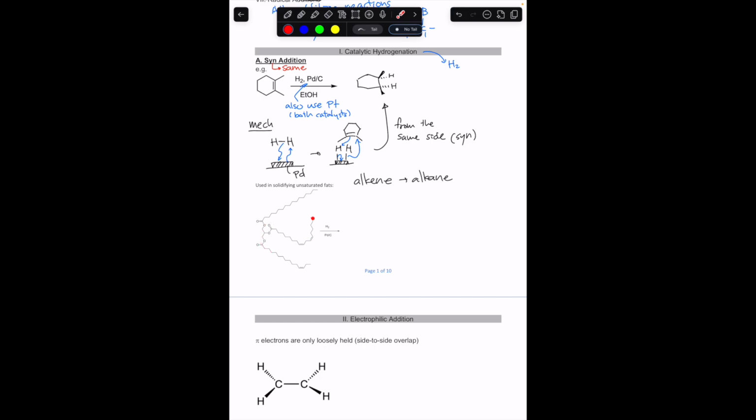You might have heard about, in the context of healthy diet discussion, omega-6 versus omega-3 fatty acids. This is an omega-6 acid because the omega means the end of the fatty acid chain. 1, 2, 3, 4, 5, 6. There's a double bond that starts at the 6th carbon from the omega, or the end. So this is omega-3 fatty acid.